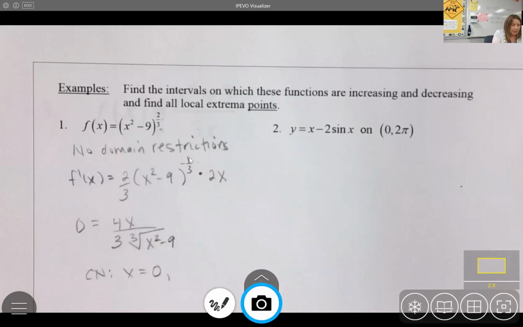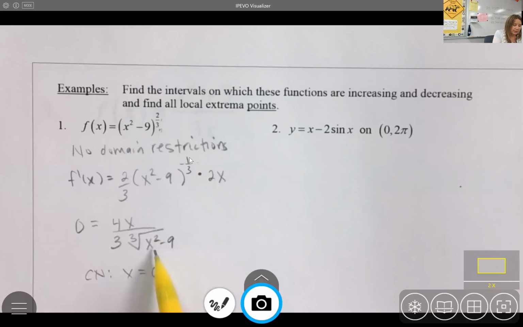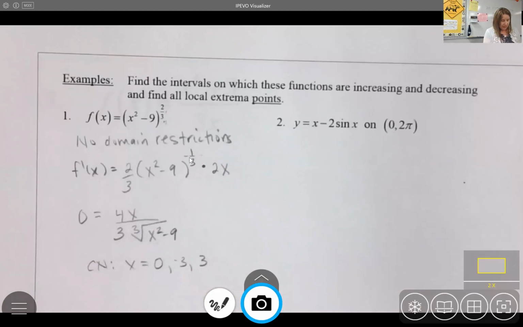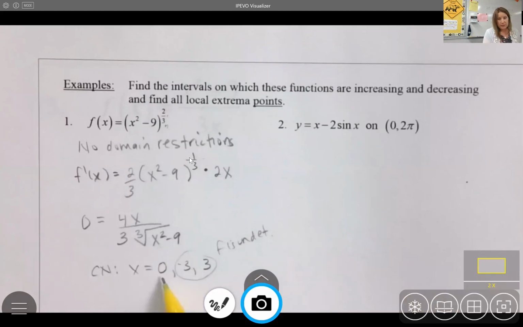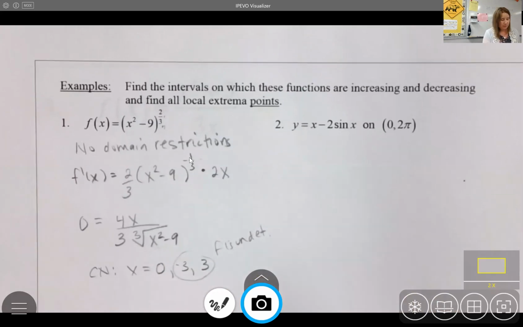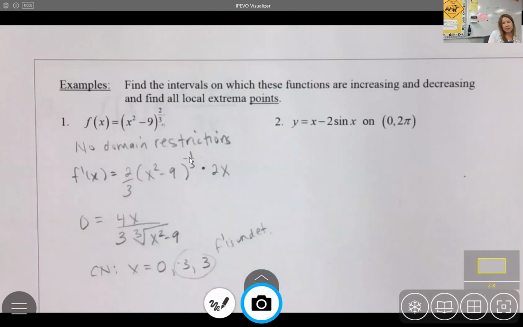It would be 0 if I have a 9 right here, because 9 minus 9 would give me a 0. The values that will give me a 9 are -3 and +3. So these are the places where it is undefined, and 0 is where the derivative is 0. I should write f prime is undefined. Okay, so we've done all this.